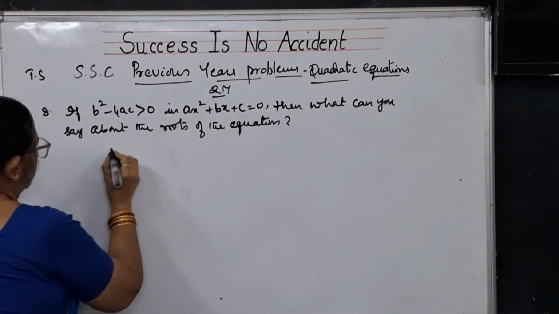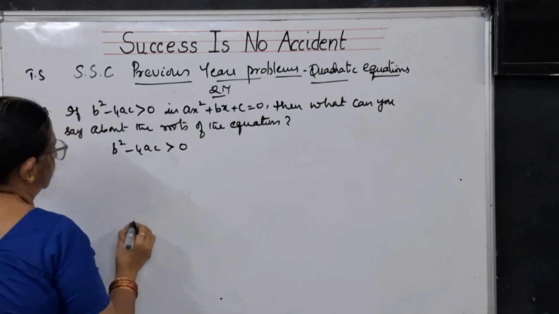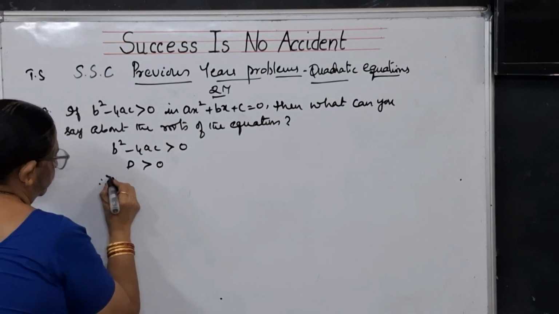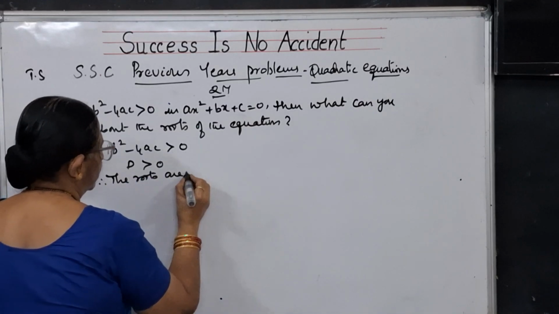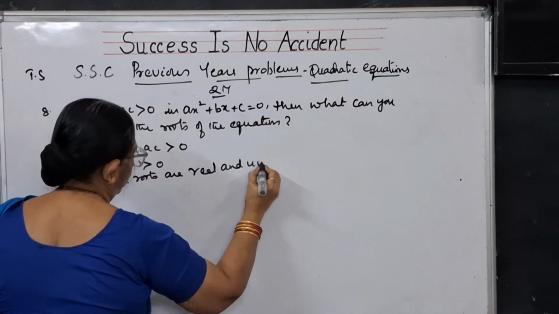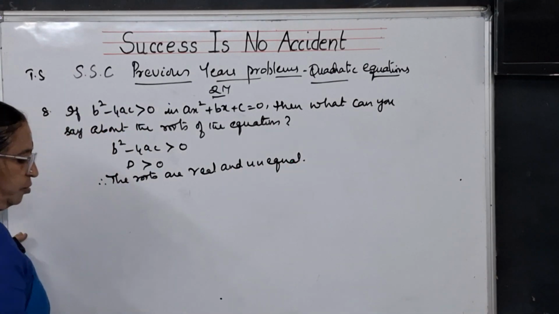This is the question, children. They have given b square minus 4ac is greater than 0. That means discriminant is greater than 0. Therefore, the roots are real and unequal. This is the nature of it.